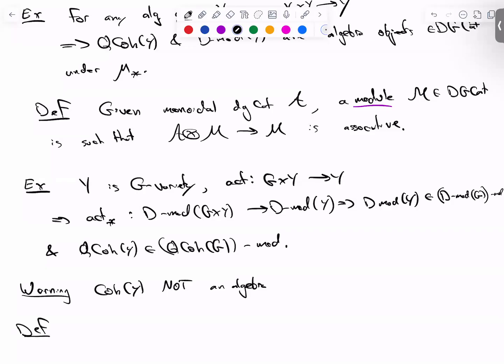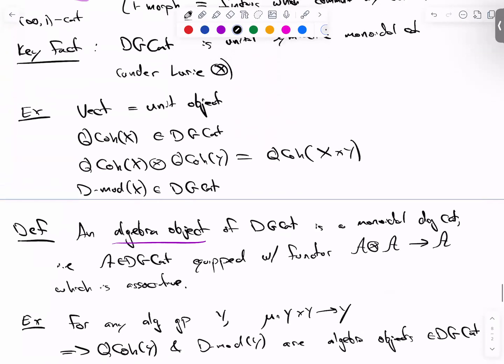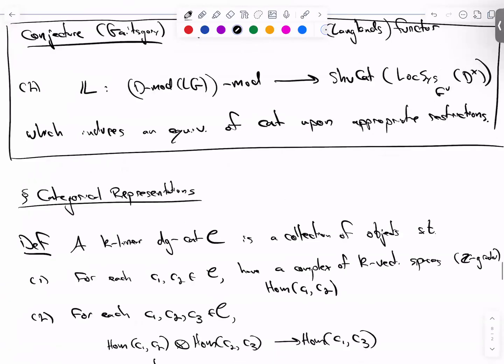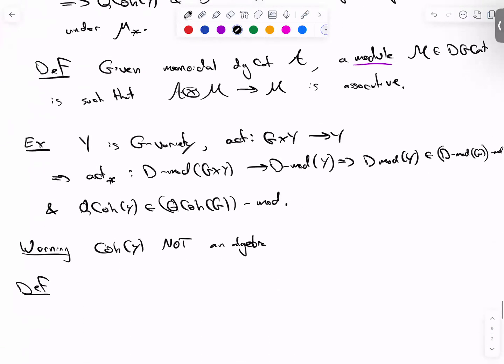Let me now define the loop group. So we have unraveled what it means on the left-hand side, modulo what the loop group means. So LG is a stack. To describe a stack, it just needs to specify what it does on test affine schemes.